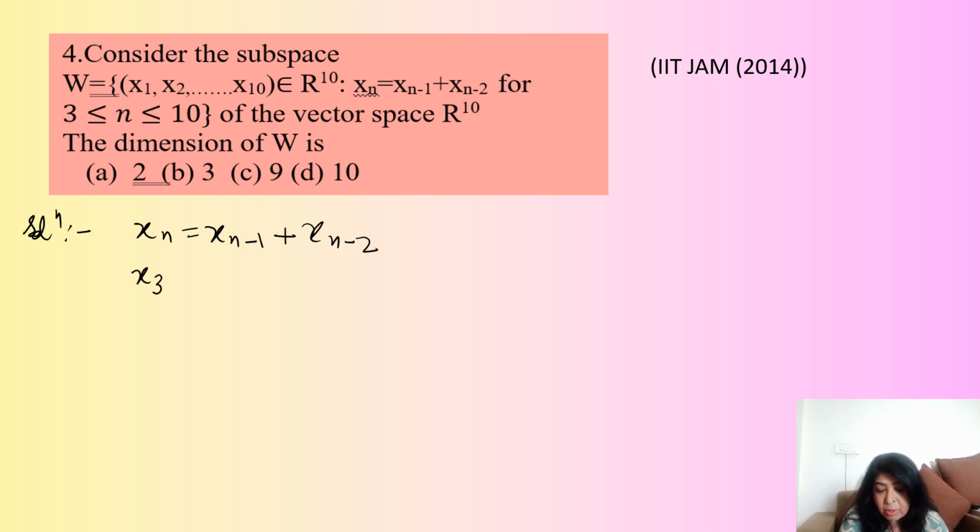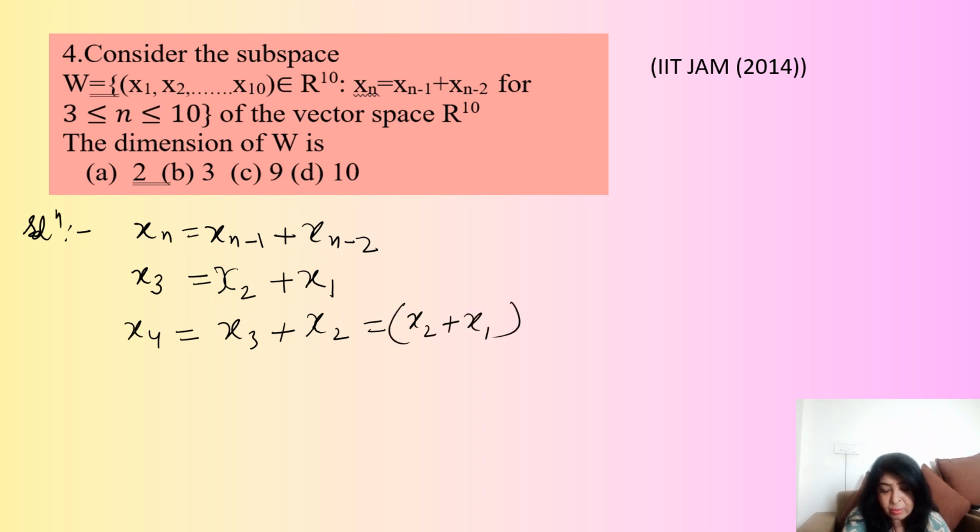So write down x3. Put n as 3, so this will be x 3 minus 1 is 2 and 3 minus 2 is 1. Then x4. So x4 will be x3 plus x2. Substitute the value of x3. This is x2 plus x1 plus x2, which is equal to 2x2 plus x1.